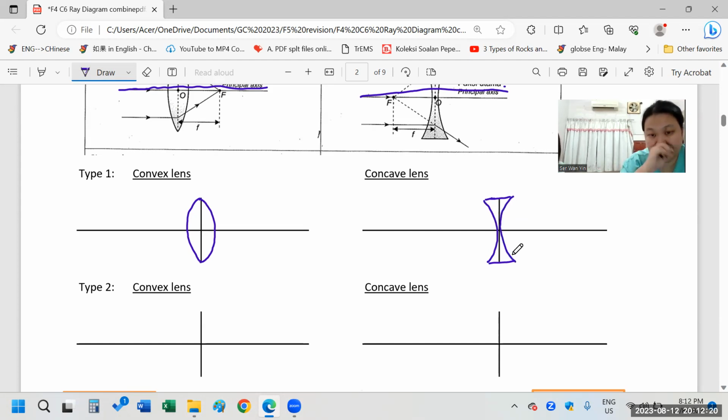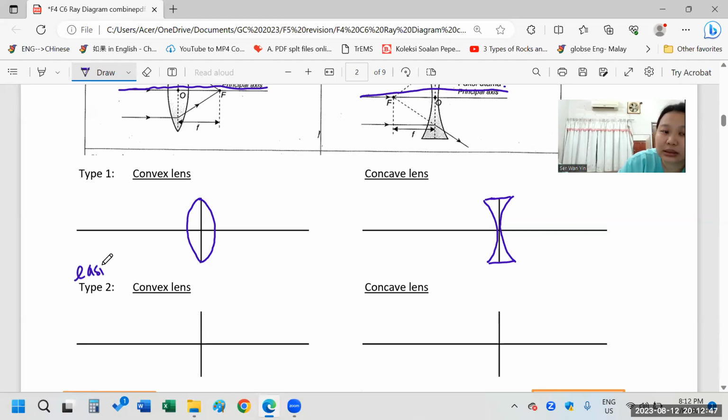Then I find out that this is hard because the curve line is hard without using the help of a ruler. So actually, there is a second way to draw convex lens and concave lens easier.